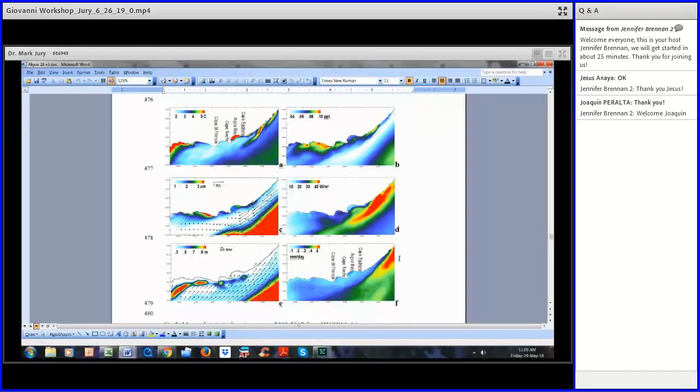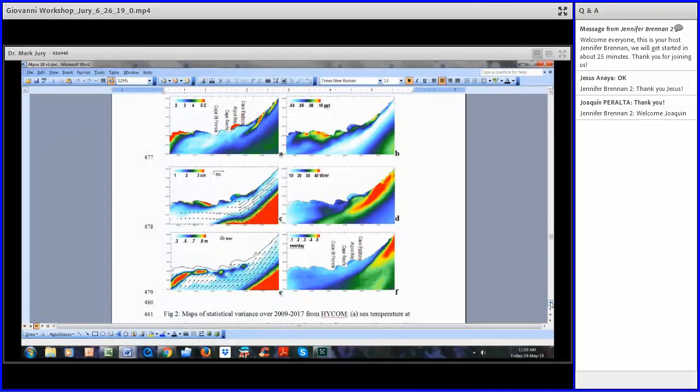So, for example, here I have an analysis I'm showing of the statistical variance from another website, which is giving me ocean information. The upper right panel is showing variations in salinity in the region south of South Africa.